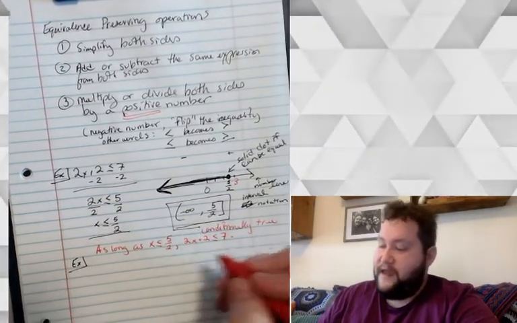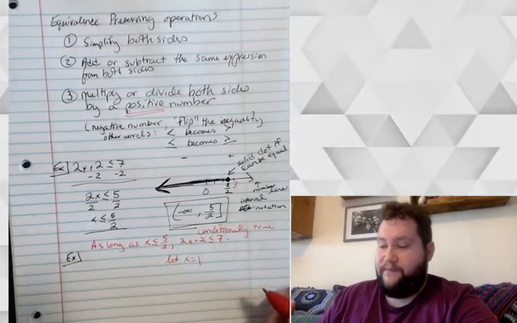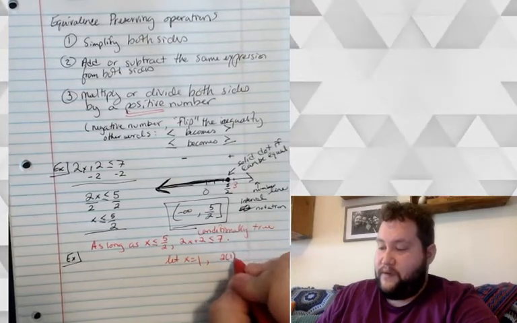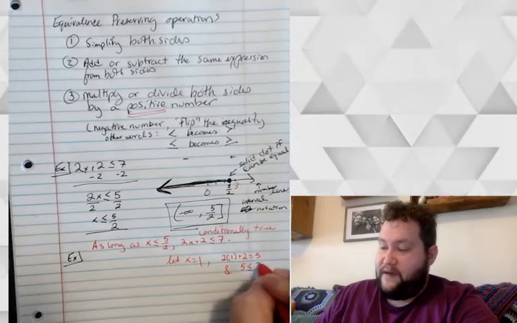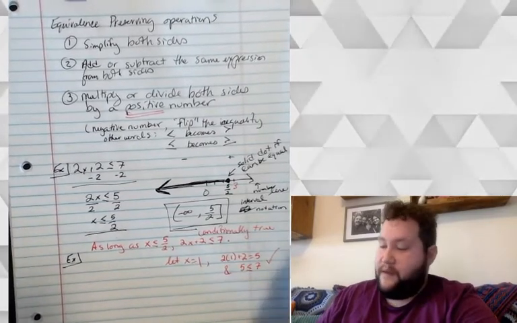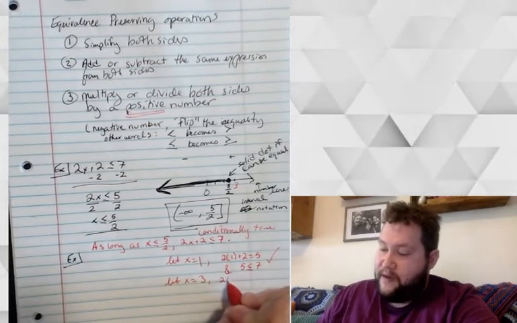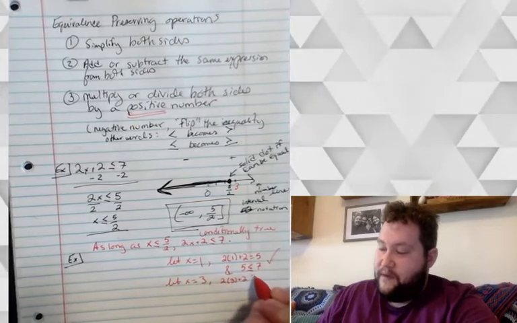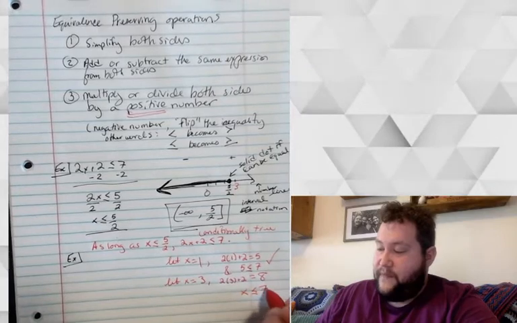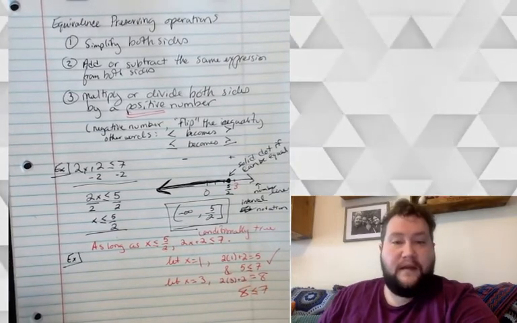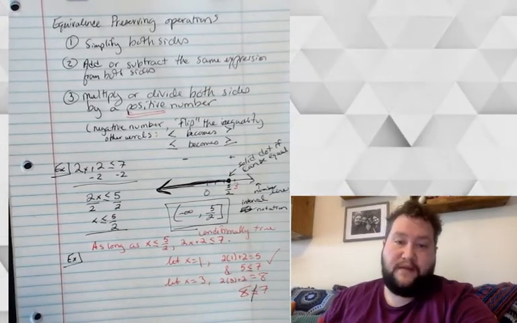And if we want to check that, let x equal 1: 2 times 1 plus 2 equals 5, and 5 is less than or equal to 7. But if we say let x equal 3, we get 2 times 3 plus 2, which is 8, and 8 is not less than or equal to 7.